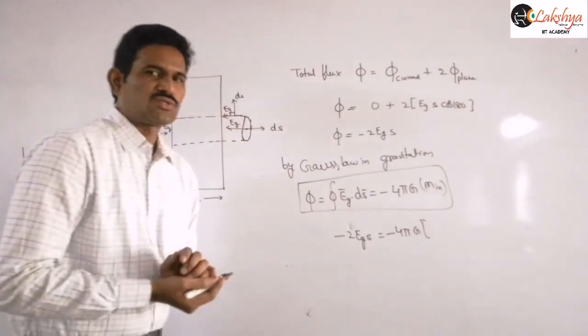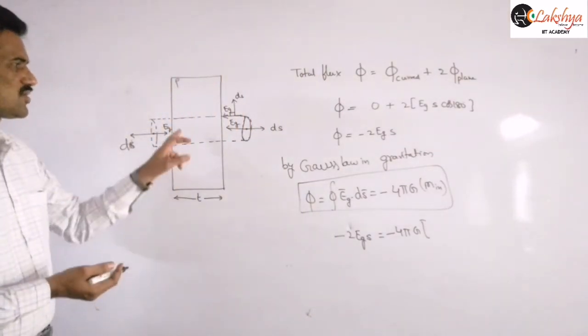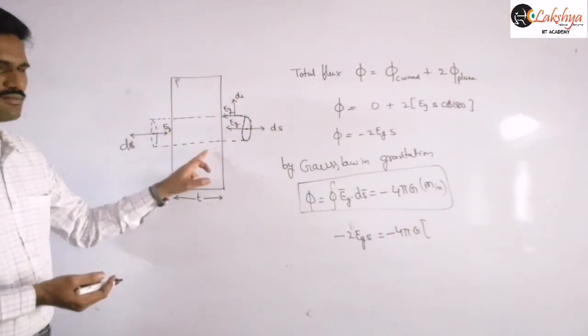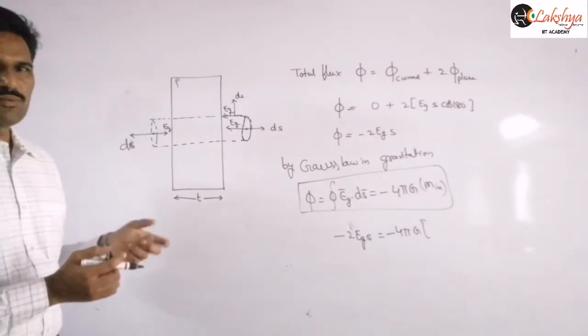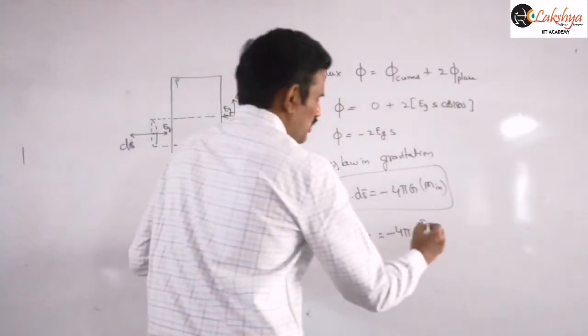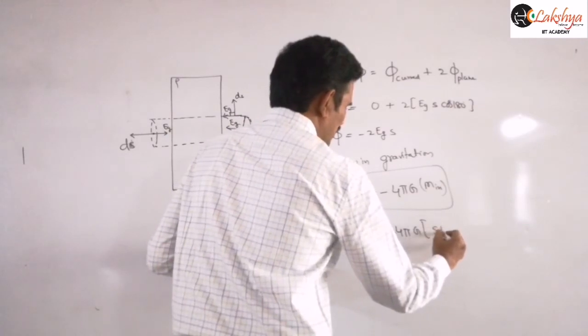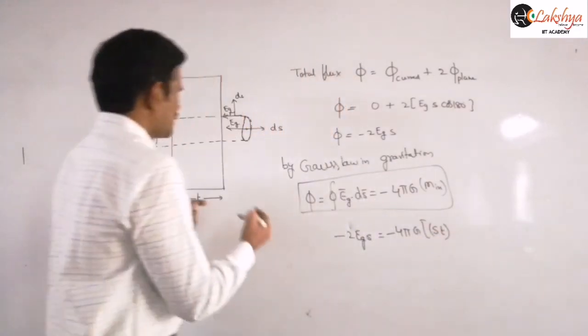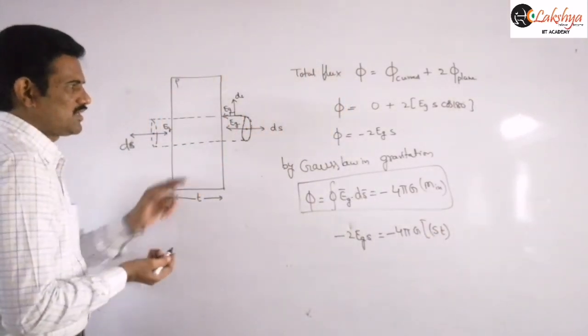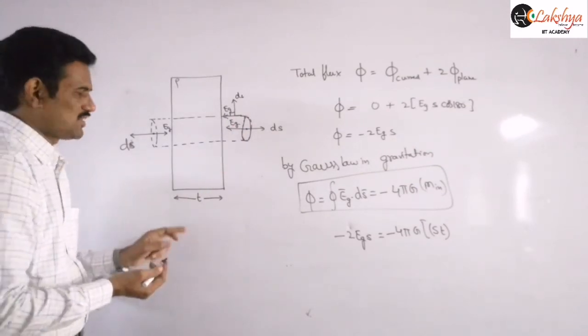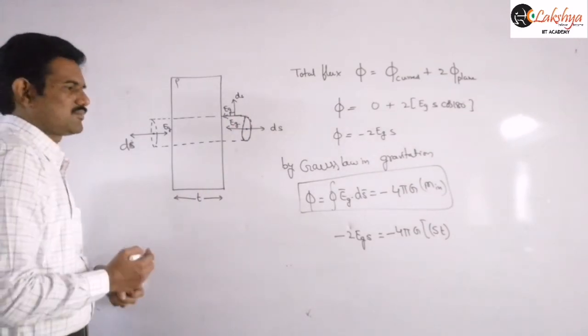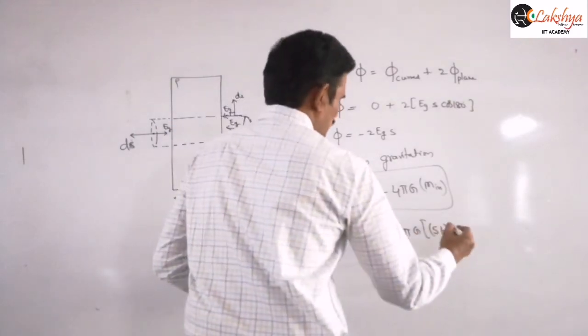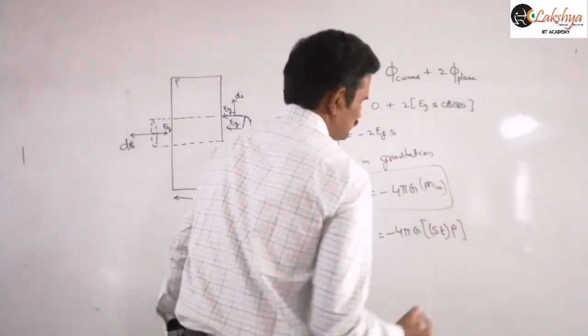the mass enclosed. The mass enclosed by the Gaussian surface is nothing but the mass present here, which I can write as volume into density. The volume I can write as S into T, where S is the cross-sectional area of this plane surface and T is the thickness, so S into T into rho.